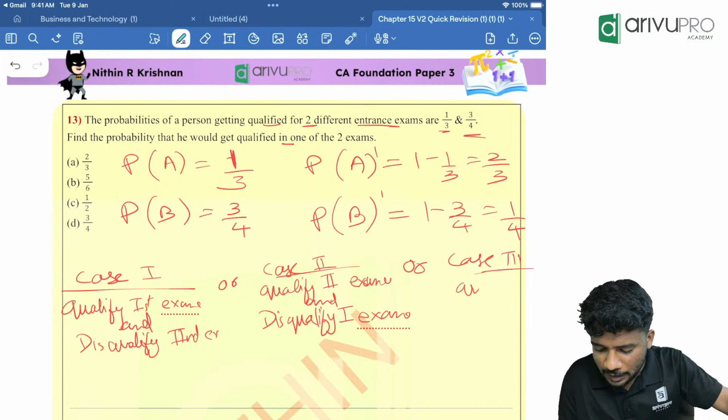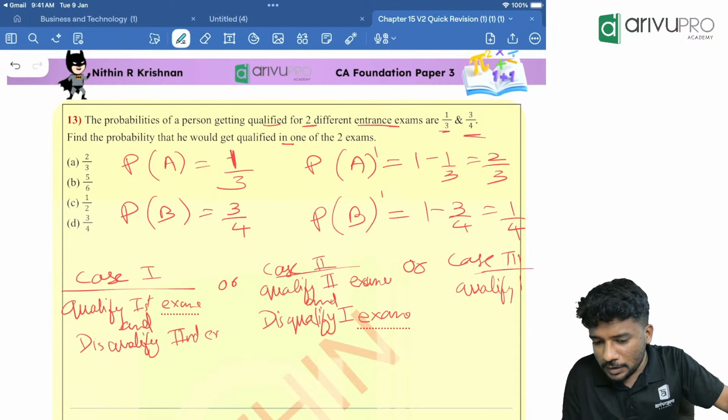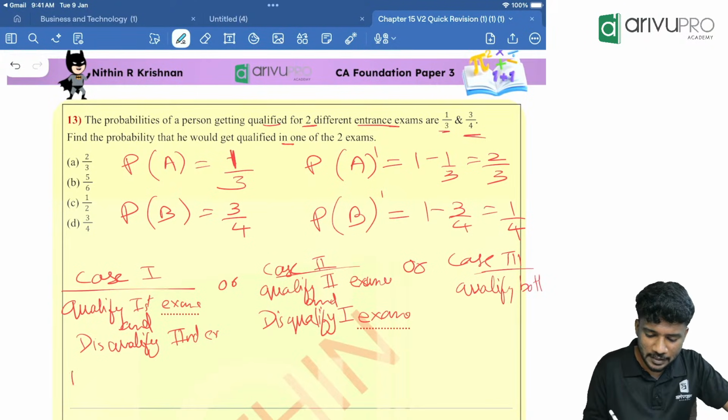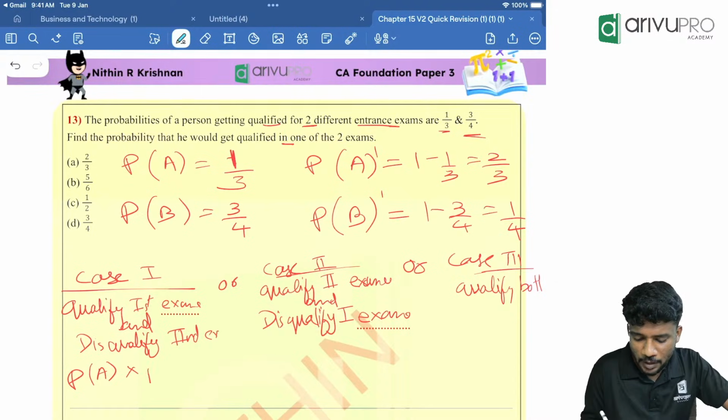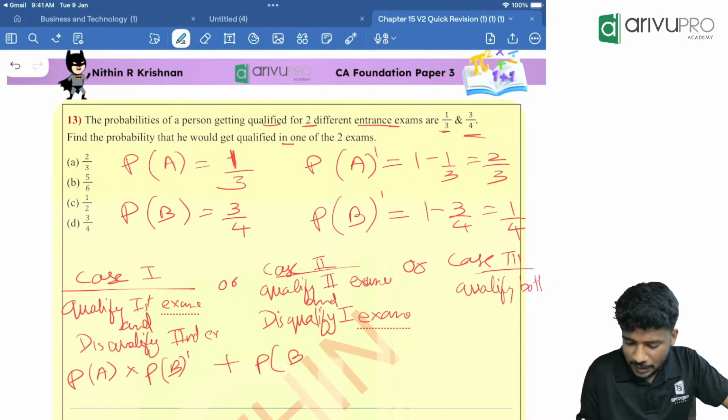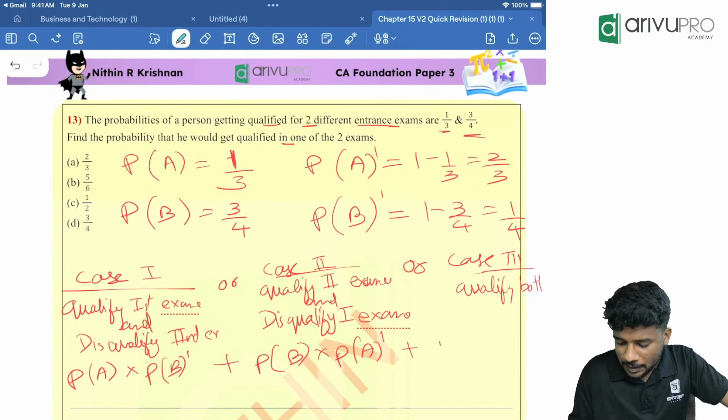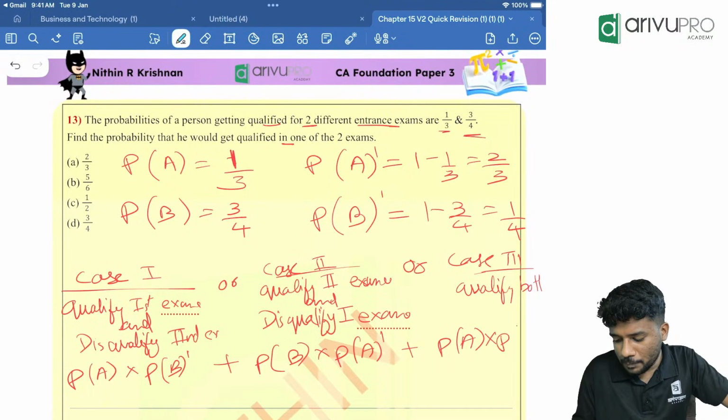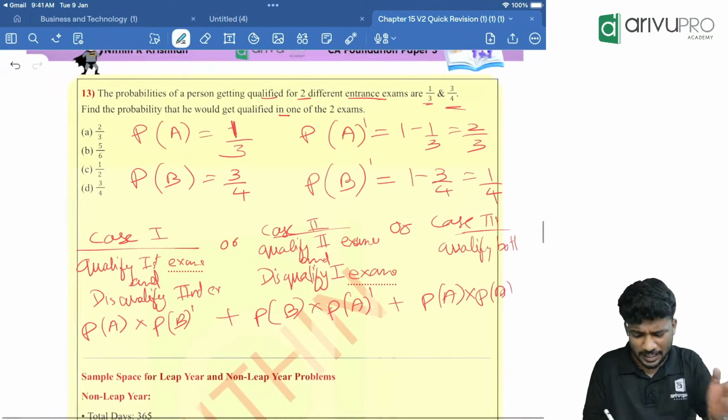That is qualify both. Okay, now we will take qualify first examination means P of A into P of B complement plus P of B into P of A complement. Then or means plus P of A into P of B. Now you take your calculator or write the values directly.